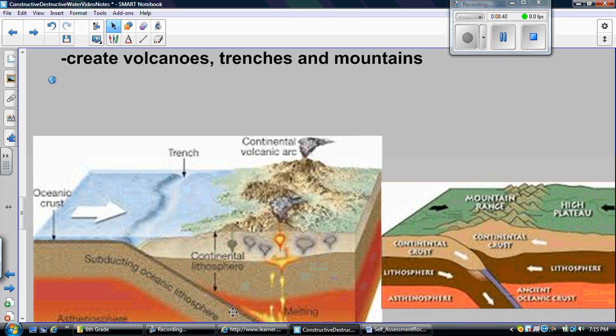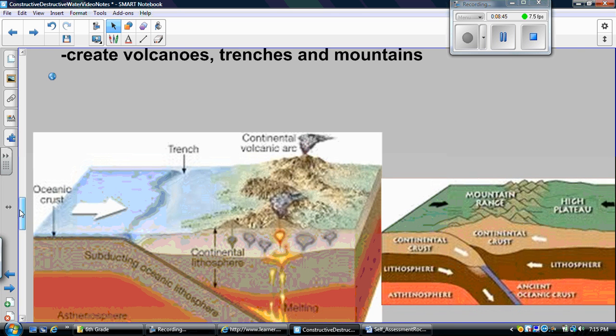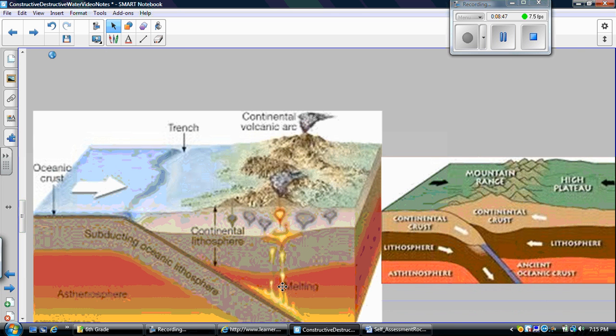So that rock in the oceanic crust turns back into magma. When it turns back into magma, some of that magma gets pushed upward through cracks in our crust, and that's where you get volcanic mountains. So that's how volcanoes form, when two plates collide, but they have to be a continental and oceanic.